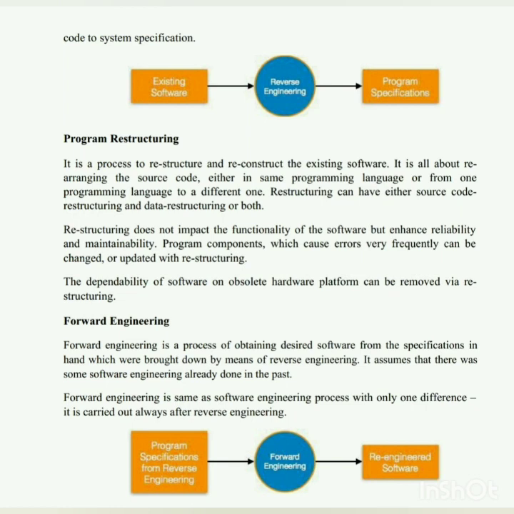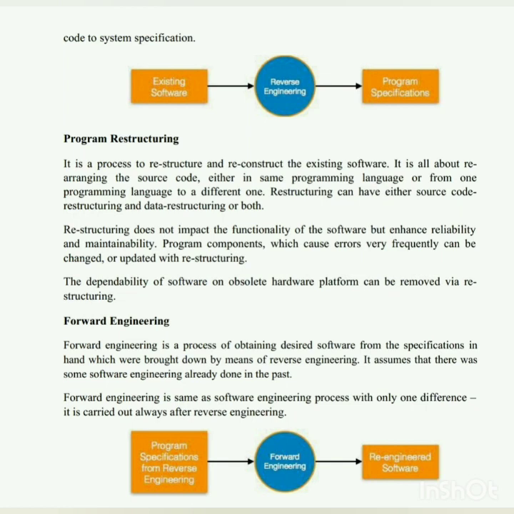That means restructuring can be either source code restructuring, or data restructuring, or both. Either we change the source code, and simultaneously the data restructuring can be there. The restructuring will not affect the functionality of the software.